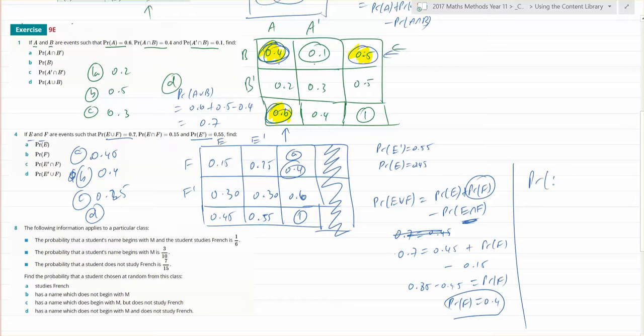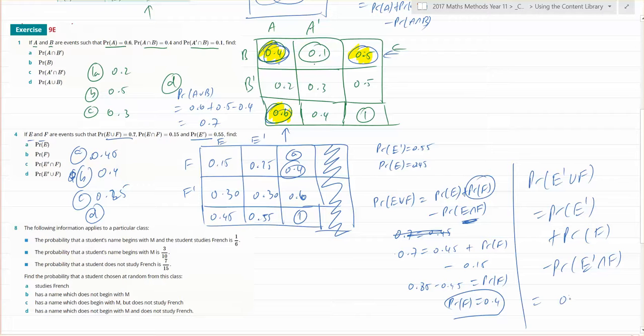The probability of not E union F is the probability of not E plus the probability of F minus the probability of not E intersection F. The probability of not E is 0.55, the probability of F is 0.4, minus 0.25.